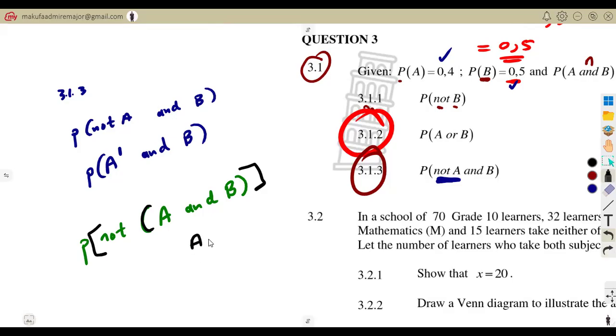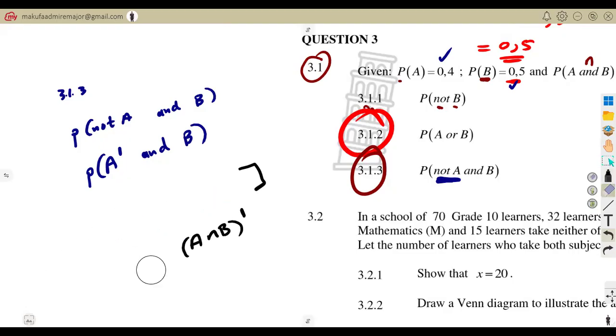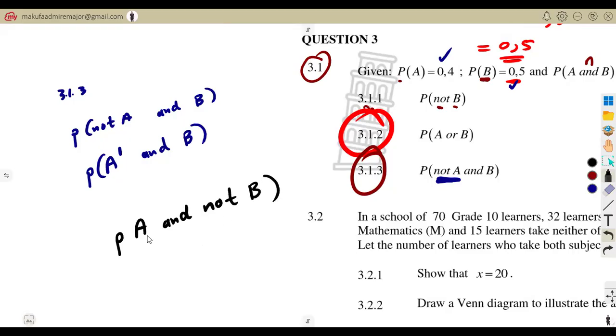This is where we are talking about A intersection B, all of it, with a complement. The bracket matters. The other one is for A, not A; it is not affecting B. B is on its own. They can give you the same question as the probability of A and not B.